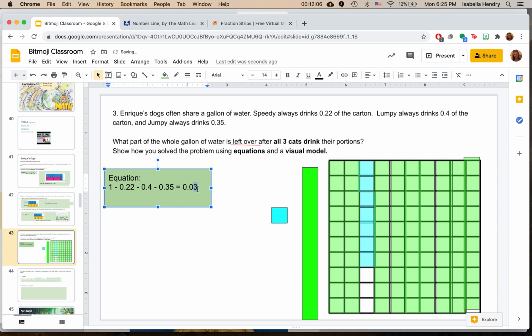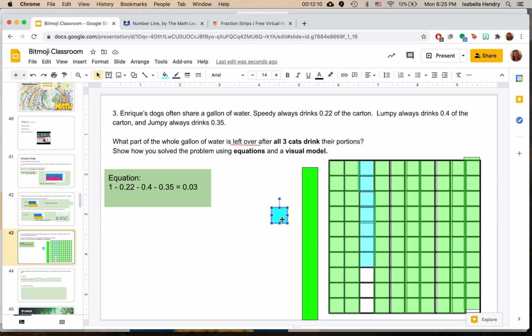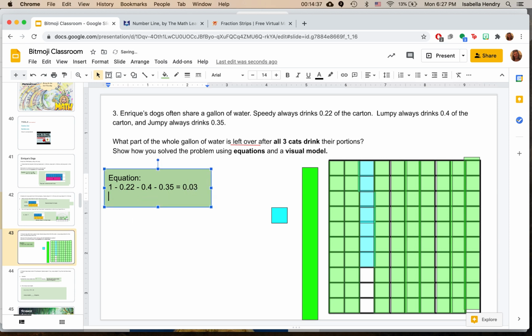And remember that 3 is in the hundredths place because it's not tenths, it's hundredths. And so now that I have my answer, I'm going to write a full sentence. I'm going to say, there is 3/100 of a gallon left.